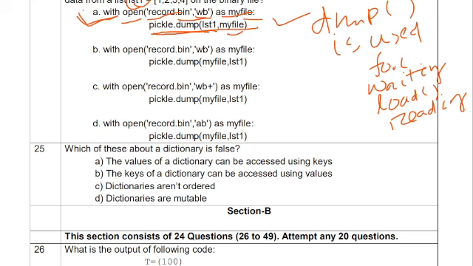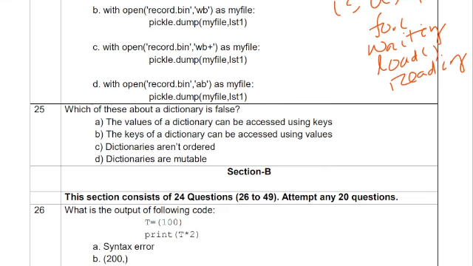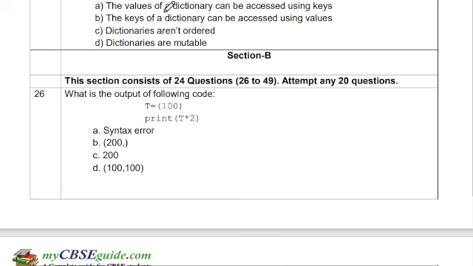Okay, and the last question of section A, which of these statements about dictionary is false? As you can notice here, 25 number question. The value of a dictionary can be accessed using key. It is correct. The keys of a dictionary can be accessed using value.